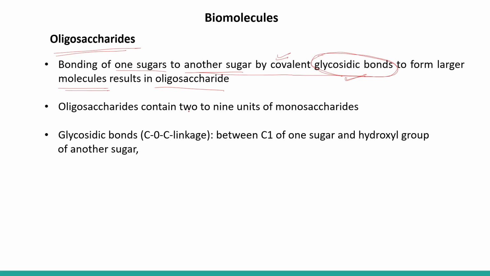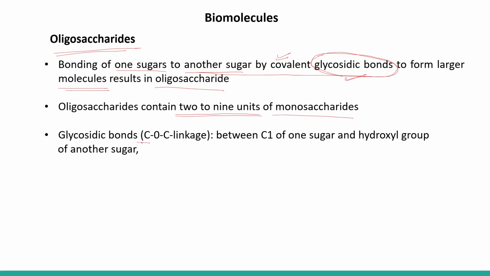So an oligosaccharide contains 2 to 9 units of monosaccharide. It is not a much longer structure, as we will study more polymer structures later. So if it is just 2 to 9 units of monosaccharide, it is called an oligosaccharide.